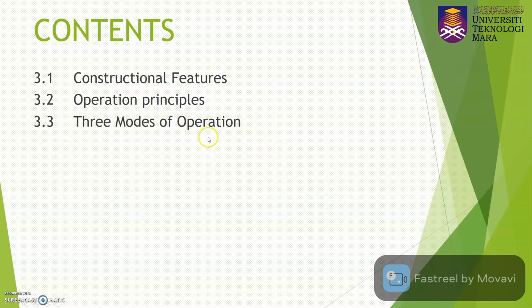Basically we have three different modes of operation. The first is the generating operation, the second is the motoring operation, and the third is the braking operation. After that we are going to see the equivalent circuit model for the induction machines. Basically the circuit model is similar to what we learned in the previous chapter, the transformer circuit model.